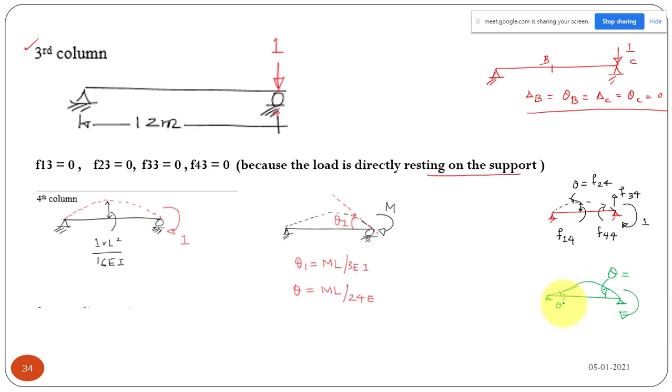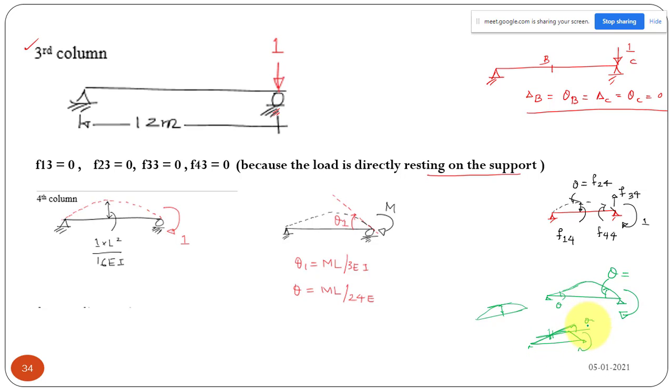And I also need one more result. What is the theta at the center? In this case we will not have symmetric bending, because we are applying the moment only at the right support. So we'll have bending maybe something like this. If it were symmetric, then theta would be 0 at the midspan, but here it won't be symmetric, and you have to find the theta angle with the horizontal at the midspan.